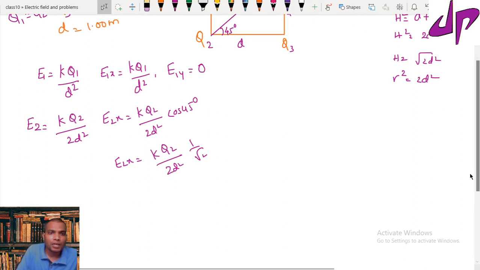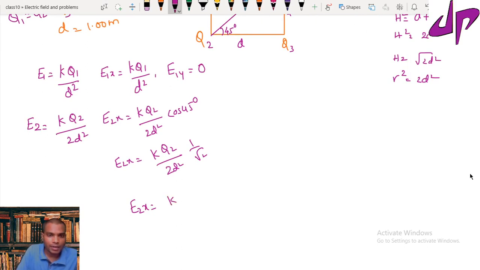If I simplify further, E2x equals k times root 2 q by 4d square. That is the x component.